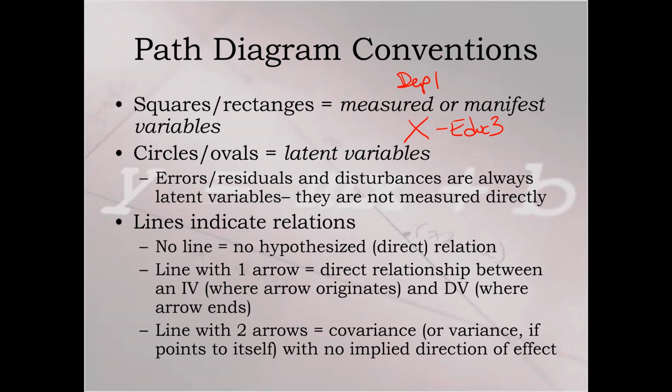Circles or ovals represent what we call latent variables. So if it's manifest, it means it's overt, it's directly visible. And if it's latent, it means it's underlying, not directly visible. A latent variable is basically like a factor, just like what we just did with a PCA or EFA.